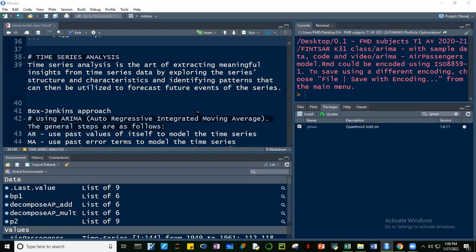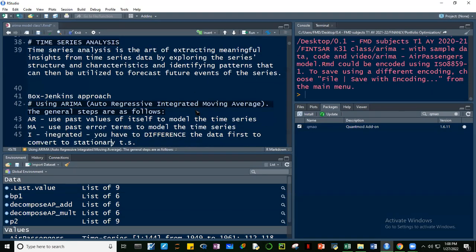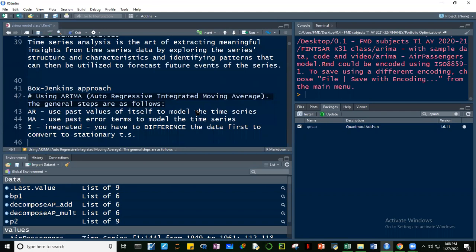Okay, now how do we model time series? There are different approaches to modeling time series, but what we're going to make use of is one of the most popular ones, the Box-Jenkins approach. Okay? So hanapin nyo lang guys kung sino yung Box-Jenkins na to. Okay, they're responsible for modeling, no, time series using this approach. Marami pang ibang methodology, guys, no?